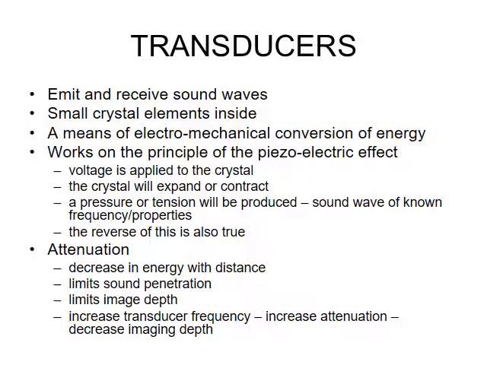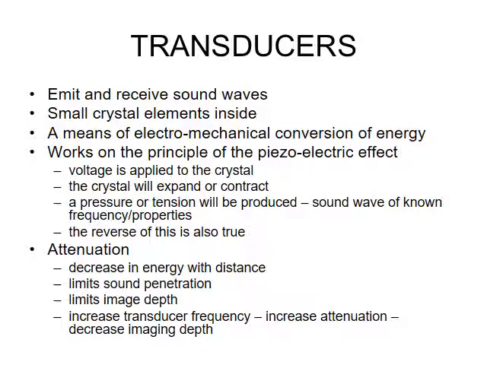Now, how this works is as we increase the transducer frequency, so as the frequency number increases on the transducer, if we go from a 3 megahertz transducer to a 5 megahertz transducer, the higher frequency will be attenuated more by the body tissue.